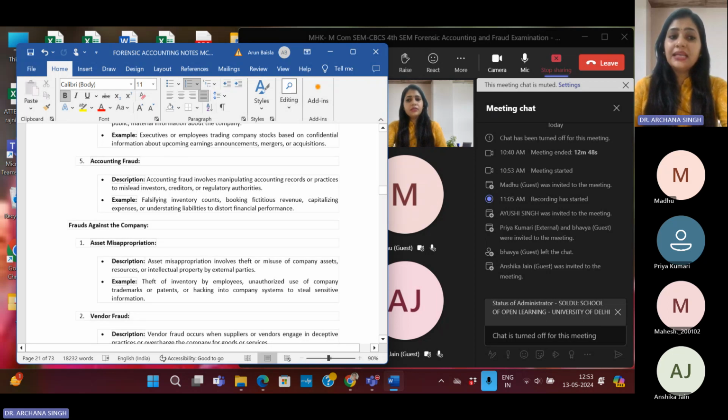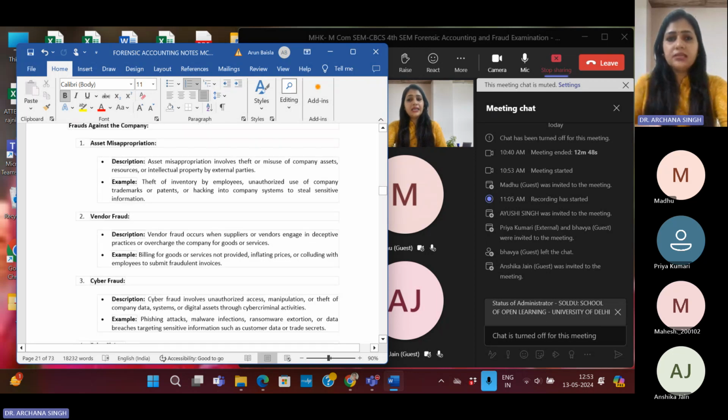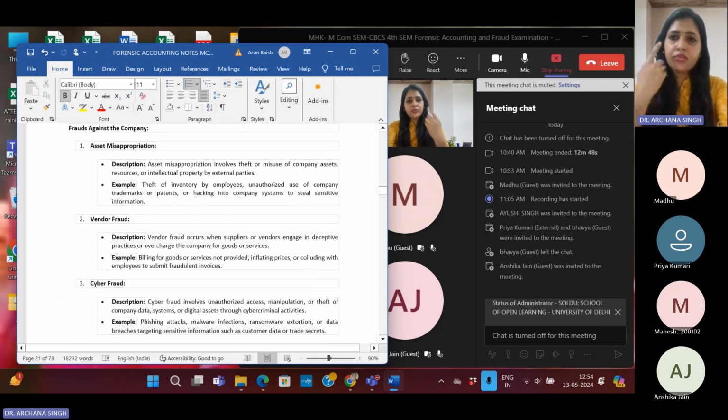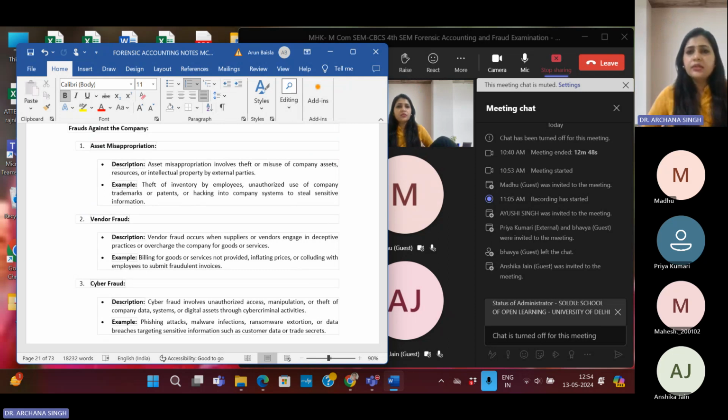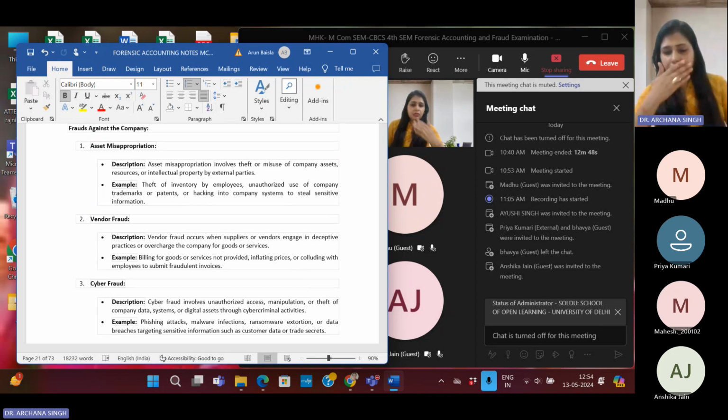Now, frauds against the company. What kind of frauds can happen against the company? Okay, these were in the company. First, asset misappropriation. Asset misappropriation involves theft or misuse of the company's assets, resources, or intellectual property by external parties.